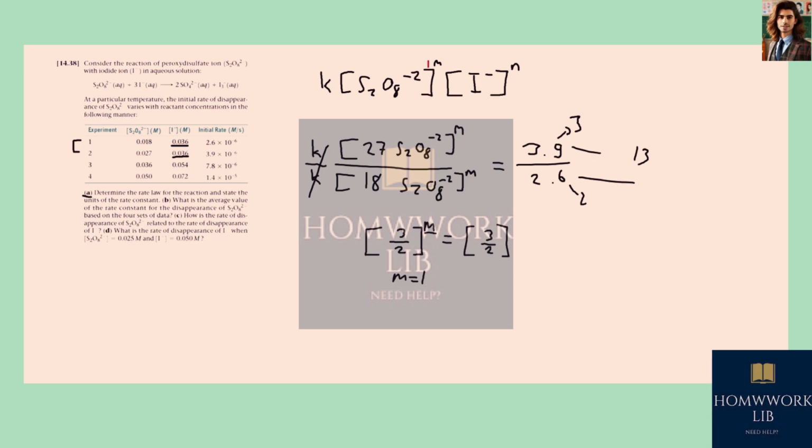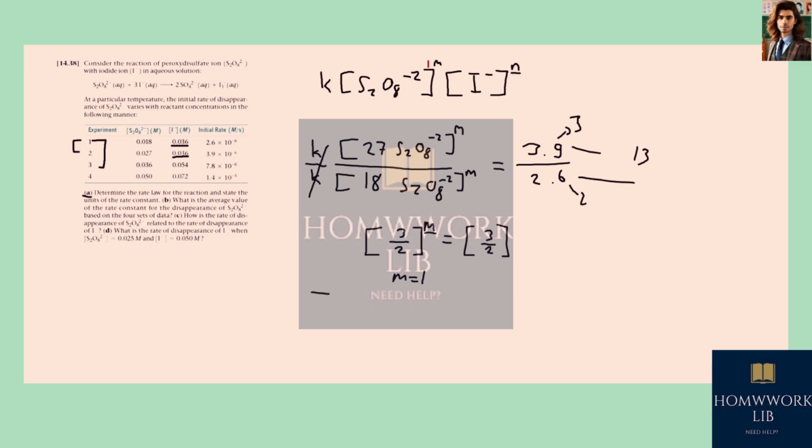We're going to do the same thing for finding n. Which 2 can we pick? I'm going to pick these 2, since 18 to 36 is twice as much, so we can find this ratio.